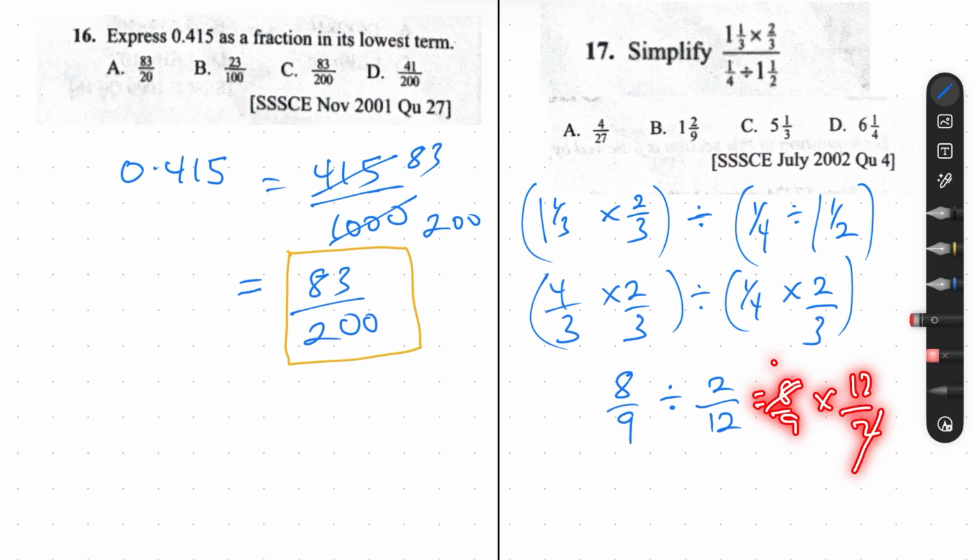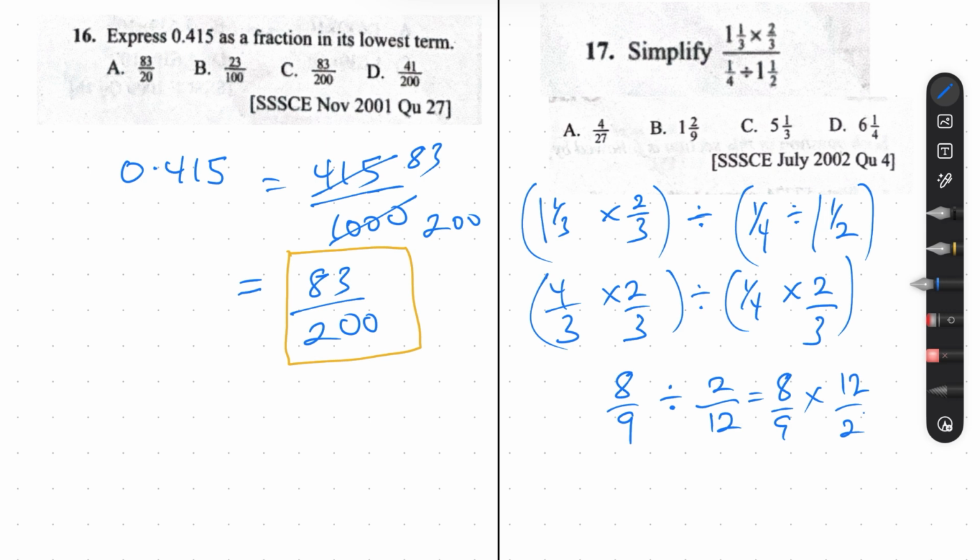out. This is 4, 3 goes here, and 3 goes here, 4. That will be 4 by 4, 16, and 16 over 3, right? So let's do that. 8 over 9 by 12 over 2.